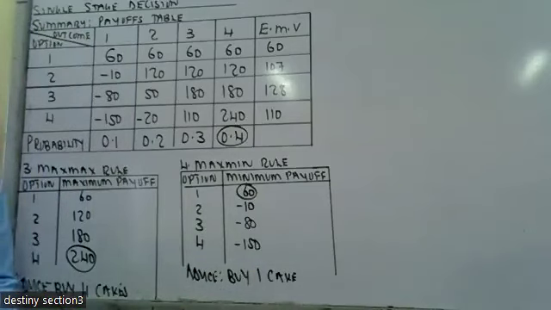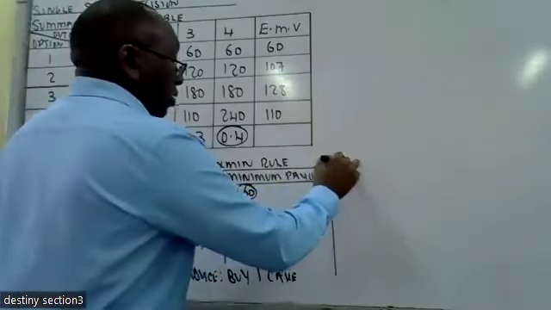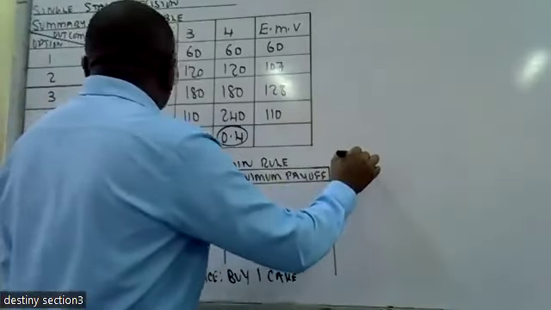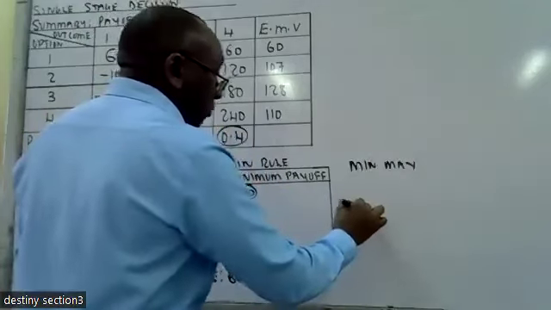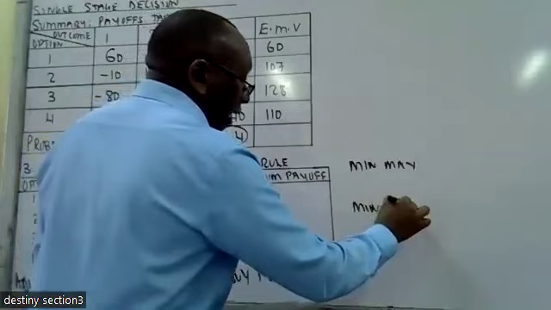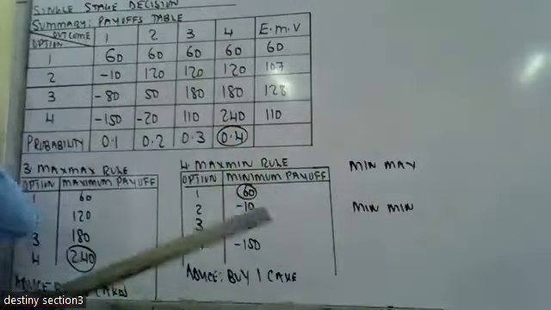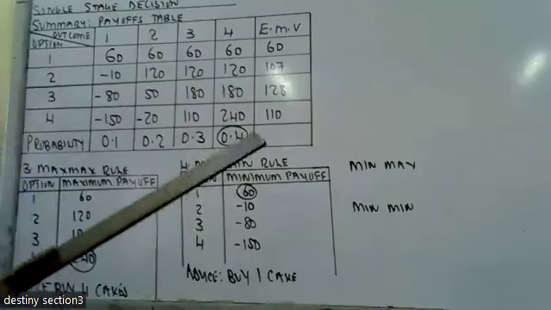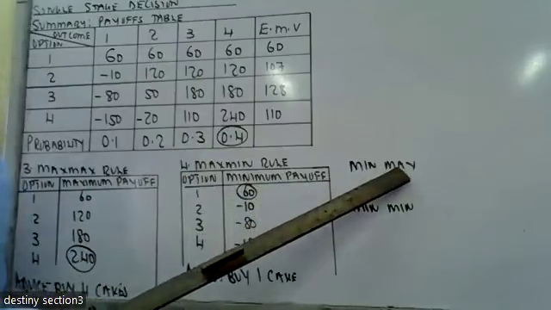Now there are other rules, although we are not going to write them, which go hand in hand with that. That is min max and min min, but we're not going to write. So, going by the same argument, this would say select the minimum of the maximums.